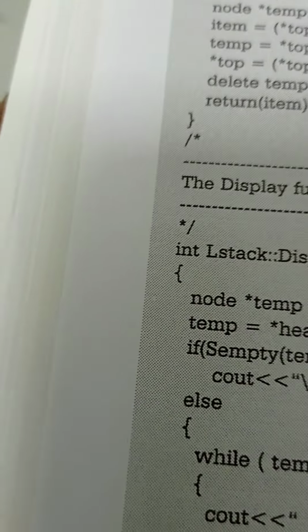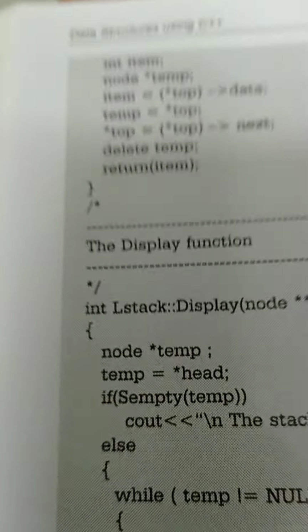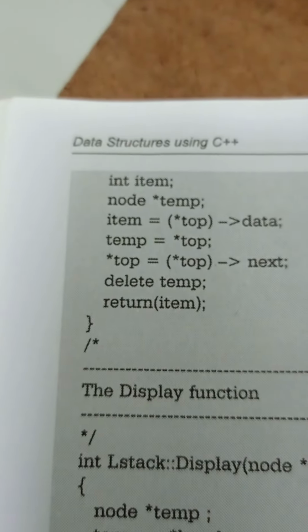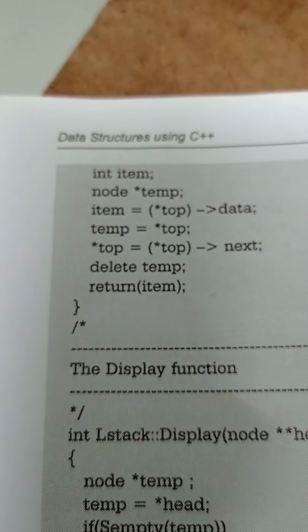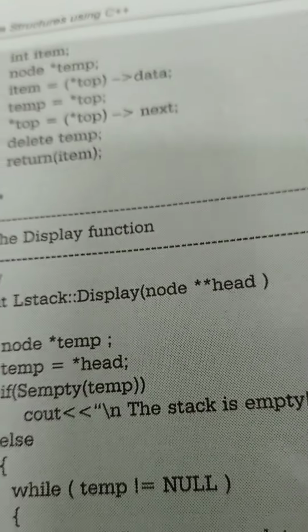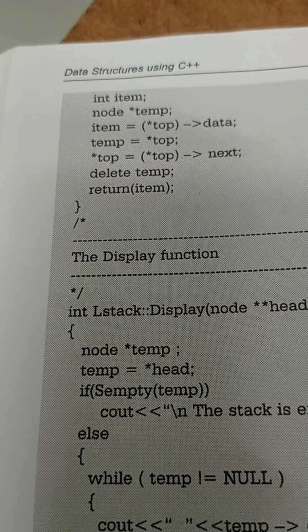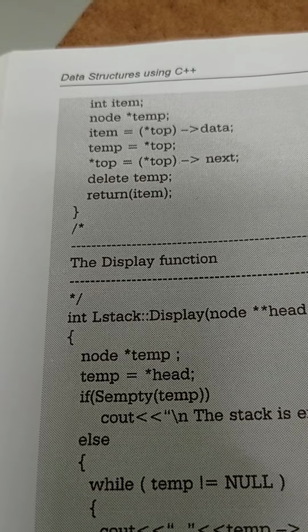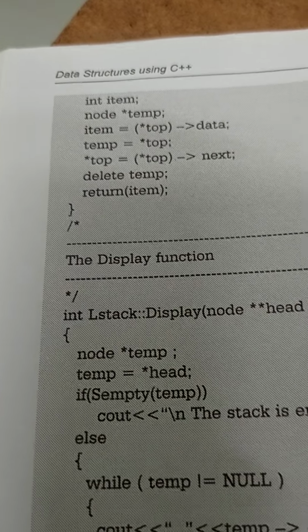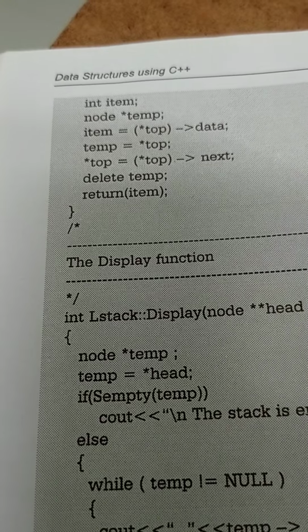When you use the pop function, these are the instructions which are there in the pop function. That is, here int item, node temp, item equal to top data, temp equal to top, top equal to top next, delete temp.